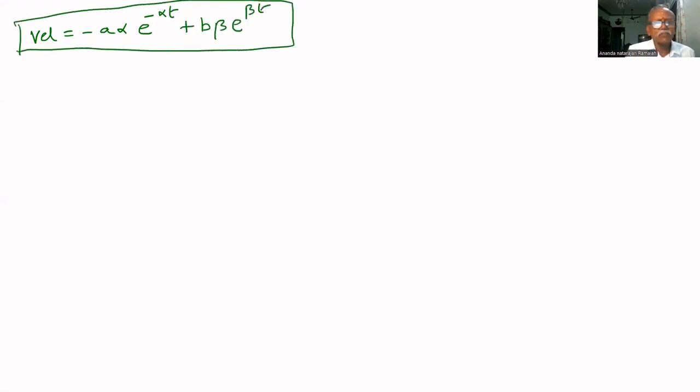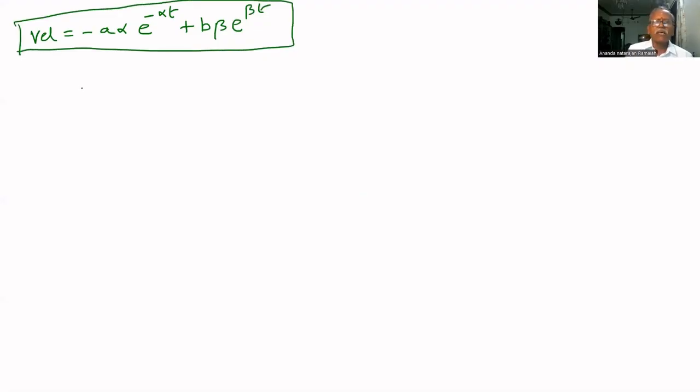What is dx by dt? Velocity equals minus a alpha e power minus alpha t plus b beta e power beta t. This is the equation for velocity.